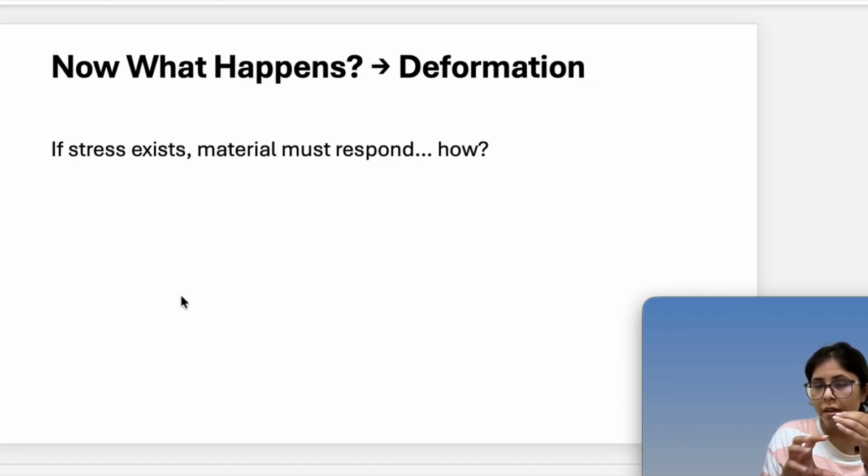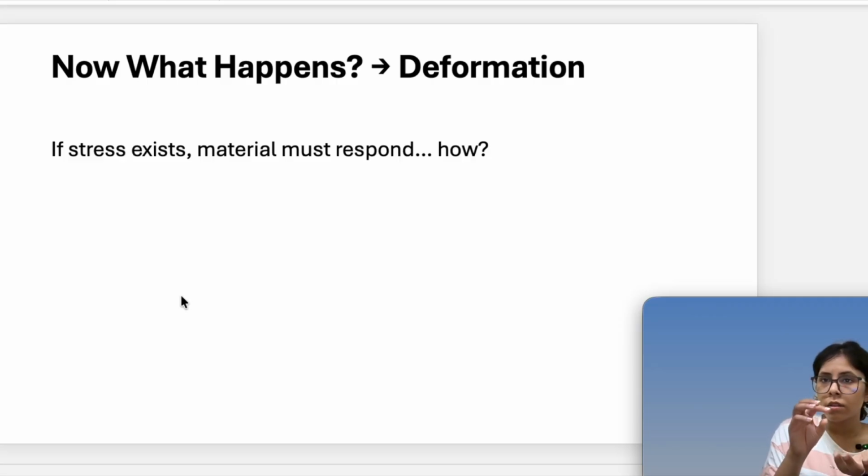So with that we came to know that there were some internal forces generating in the body. But then we saw that force alone is not enough to judge the deformation of a body. We needed another quantity, that is area, to be taken into account. So force and area are two important things with which we'll be judging a material.